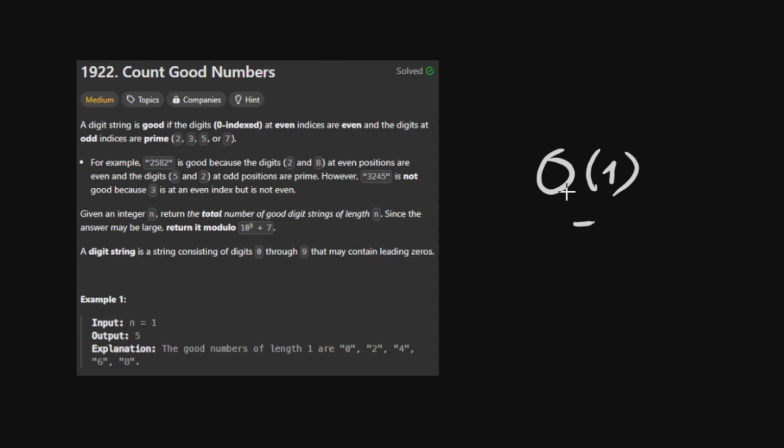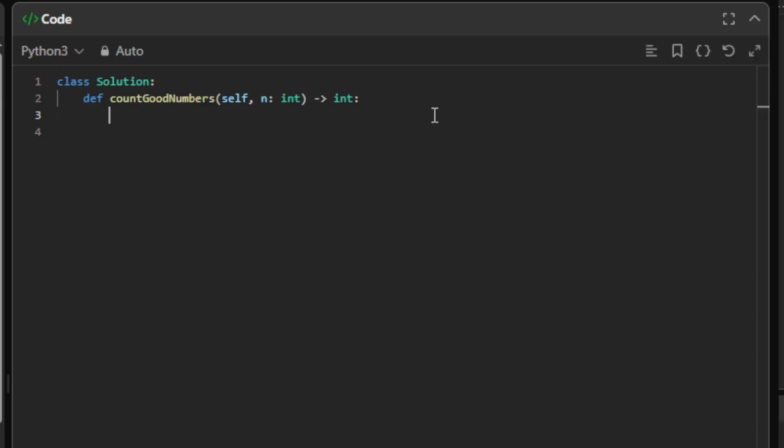And now we'll go with the code, and hopefully you will get the idea. First we'll have our mod value here, 10 to the 9 plus 7. And now we will split n.